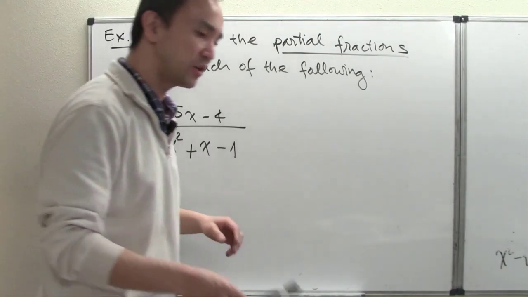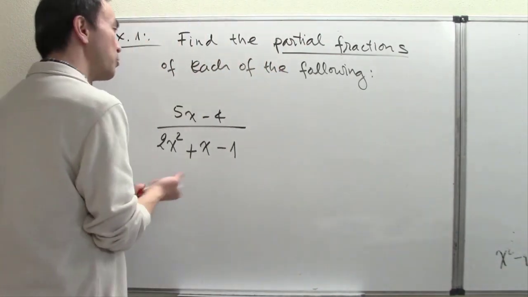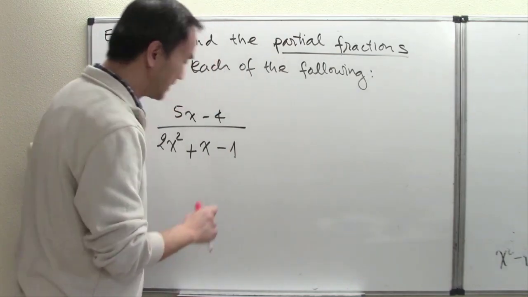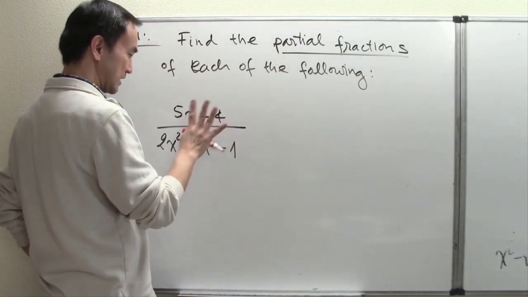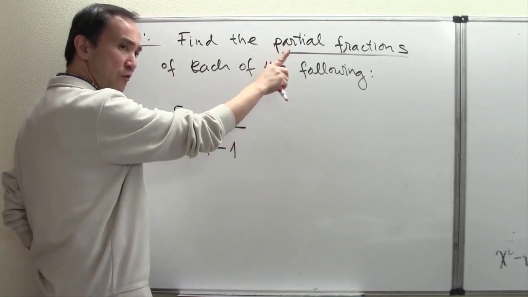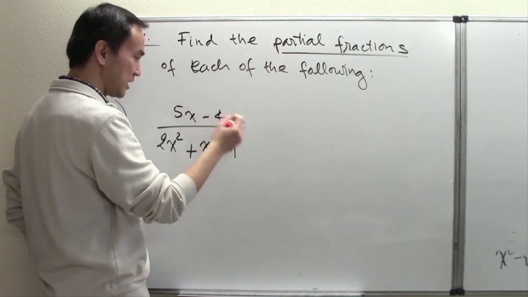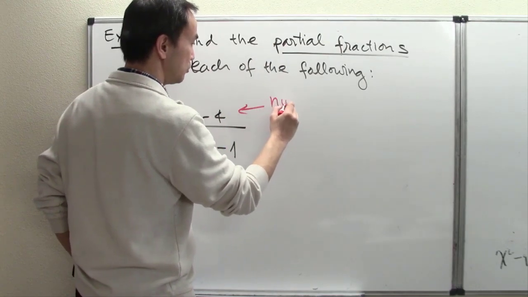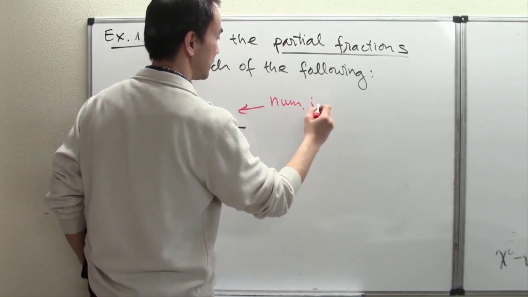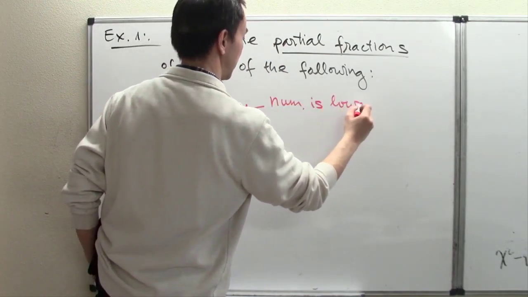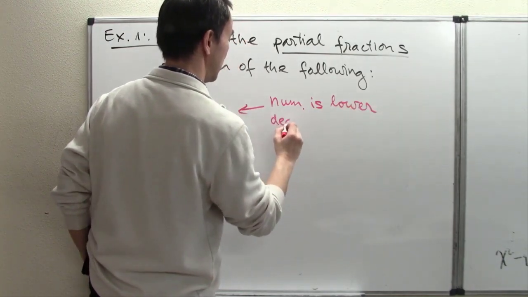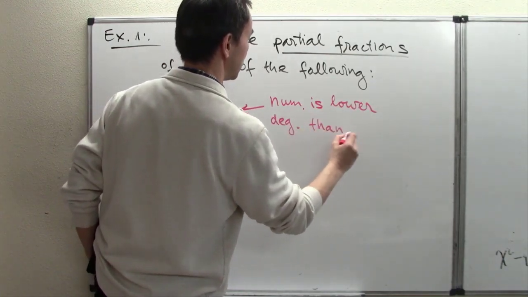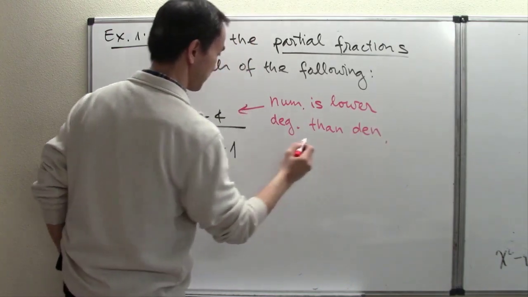But before you guys proceed, let me put in one note that is quite important. We only apply partial fractions decomposition methods to those cases where your numerator is a lower degree than the denominator.